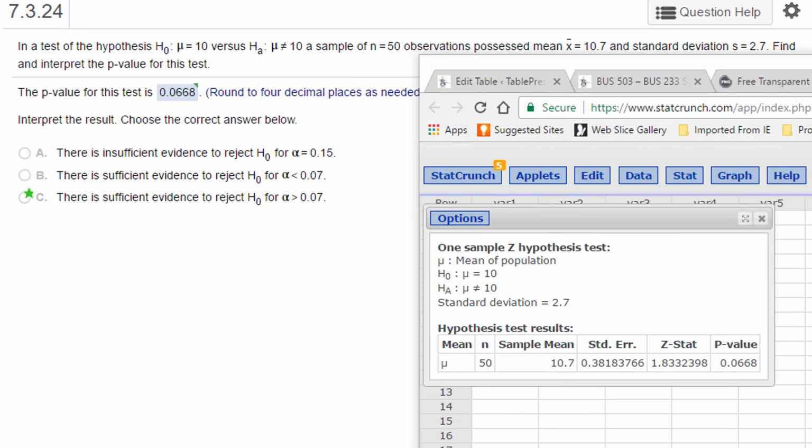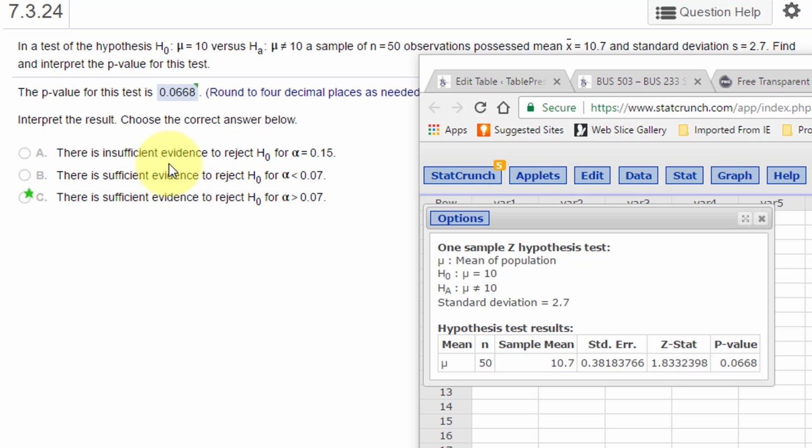The wording is a little bit tricky there, and if you stumble on that, I will look at what you do and possibly give credit. The second option there, alpha is less than 0.07. Since the p-value calculated is less than 0.07, that could be questionable.